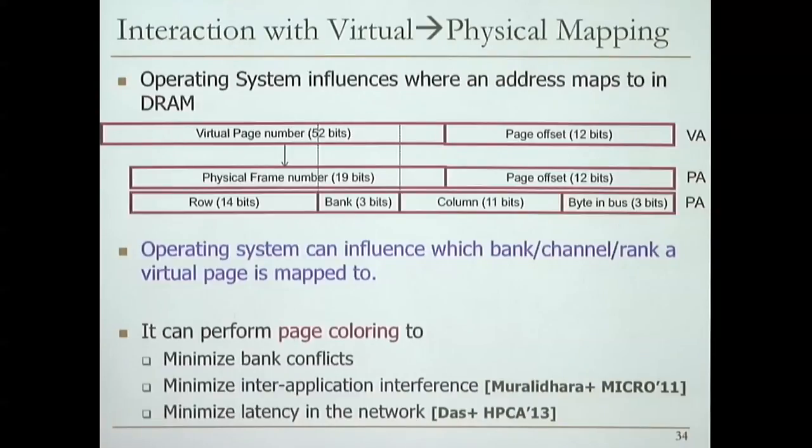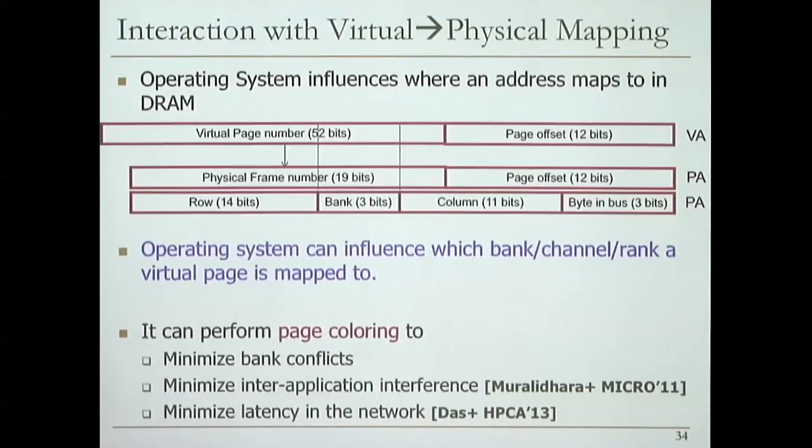So this is actually a really interesting direction, I think. How do you provide interfaces to the operating system such that it can make much more intelligent decisions about this allocation? This is not a solved problem at the moment, unfortunately, but there's a lot of control at that level.